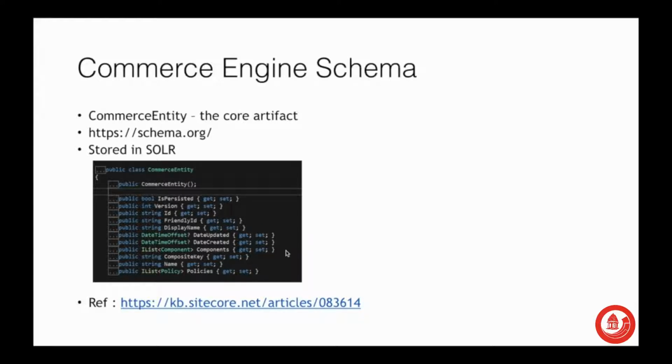For example, if you have some custom attributes that you want to put in the product, you can use this components property and store any custom data. The commerce engine schema is based on schema.org. If you look at the schema.org product table, the same structure is used by the commerce engine.